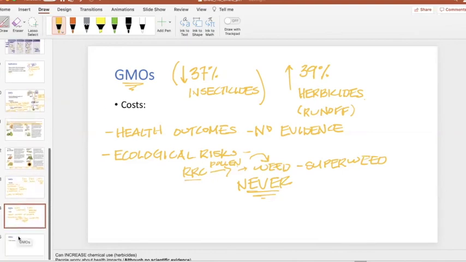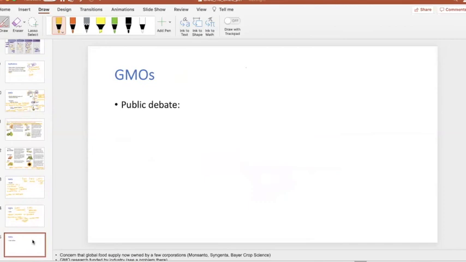In addition to these concerns, there's been a huge public debate over the extent to which we should be using genetically modified organisms. One concern is that our global food supply is basically being controlled by the companies that generate these seeds for the genetically modified corn, soybeans, etc. So some common companies you might have heard of are Monsanto, Syngenta, and there are others.